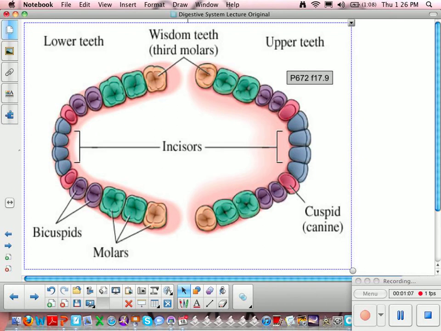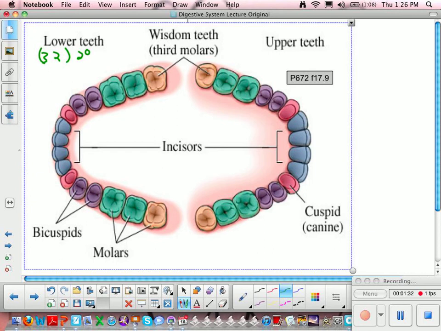We have 32 teeth, or I'm sorry, 32 secondary teeth in our mouth, where we normally should. So there's 32 secondary teeth. The secondary teeth come in after our baby teeth come out, or after our primary teeth come out.